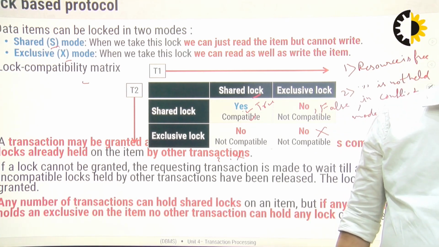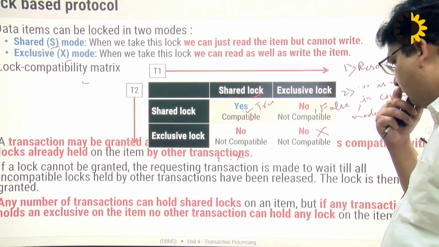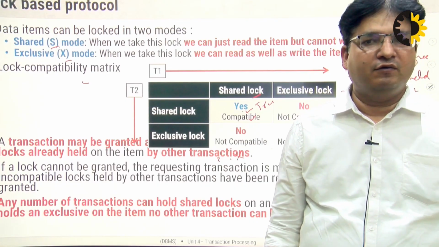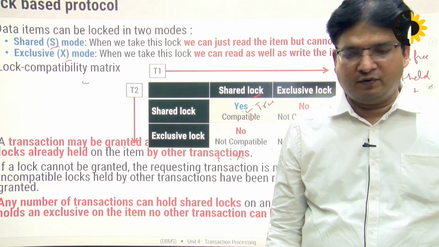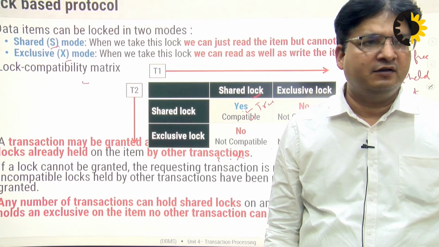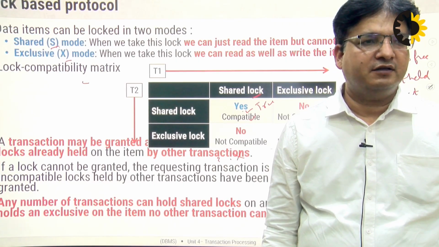Any number of transactions can hold a shared lock on a data item. Suppose T1 has a shared lock on data item X and another 10 transactions want a read operation, they can get the permission, because reading a value does not change the value of the data item.